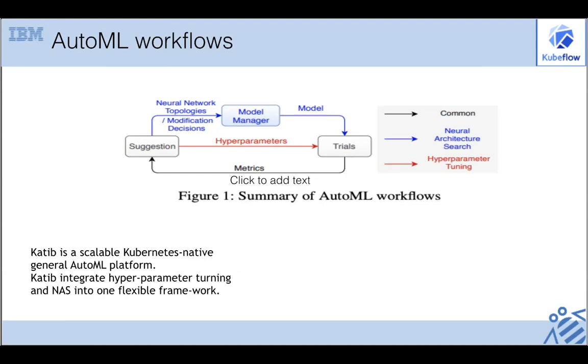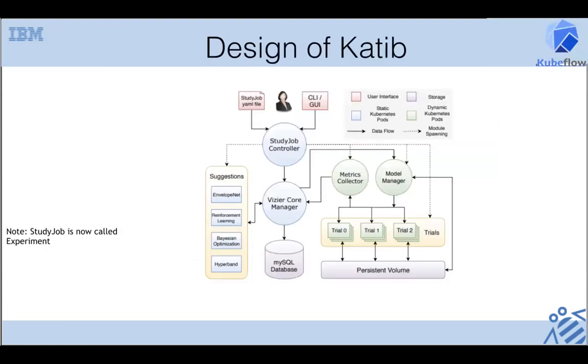So this diagram shows the relationships with the workflow. Here is the system design diagram for the KDIP. This combines the requirements of those auto machine learning workflows and the ideas from Google's black box optimization tool Vizier.